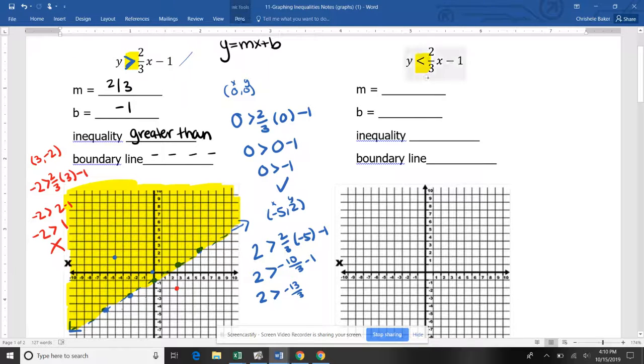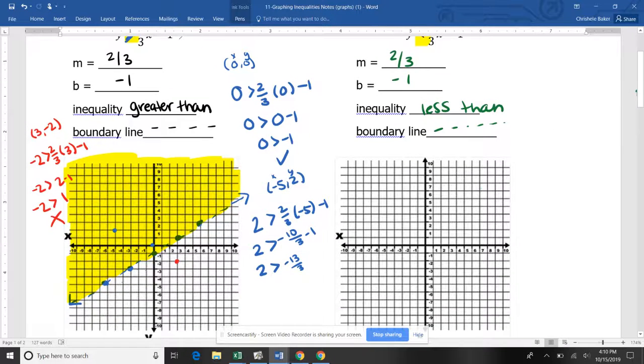So let's look at this one. How's it different? Well, my slope's the same, my y-intercept's the same, but I'm less than this time. My boundary line is still a dashed line because we're not equal to, we're just less than. I'm going to graph essentially the same way. I'm down here at -1 for my y-intercept, and then I have up 2 to the right 3, up 2 to the right 3.